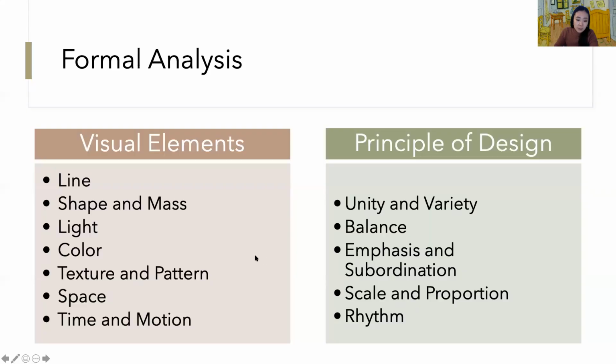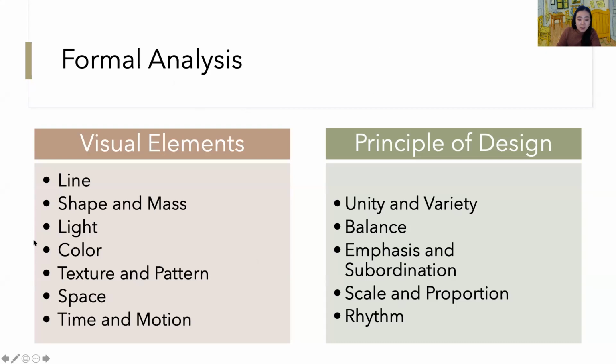So the first type of analysis is formal analysis, based on the visual elements and the principles of design we've learned so far. Artists have many tools at their disposal, which we call the visual elements and the principles of design.